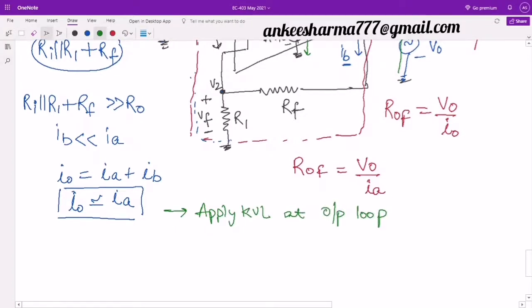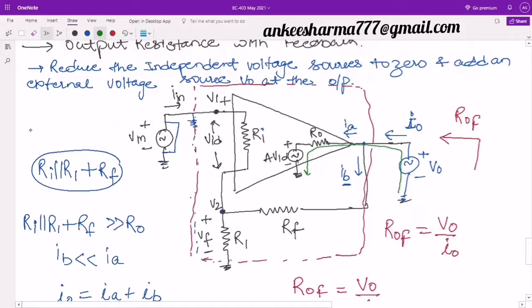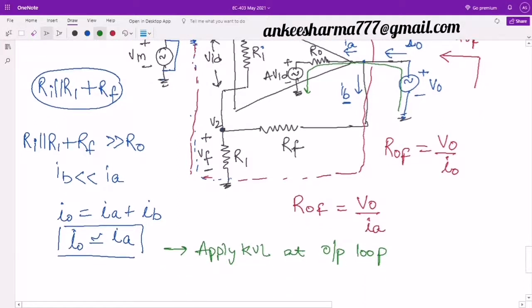So how will I apply the KVL? I will simply write here, this is my voltage source V naught, and it must be equal to the drops: R naught plus A times VID. So V naught must be equal to the voltage drop across R naught, which is IA into R naught, and in place of IA I can write I naught.